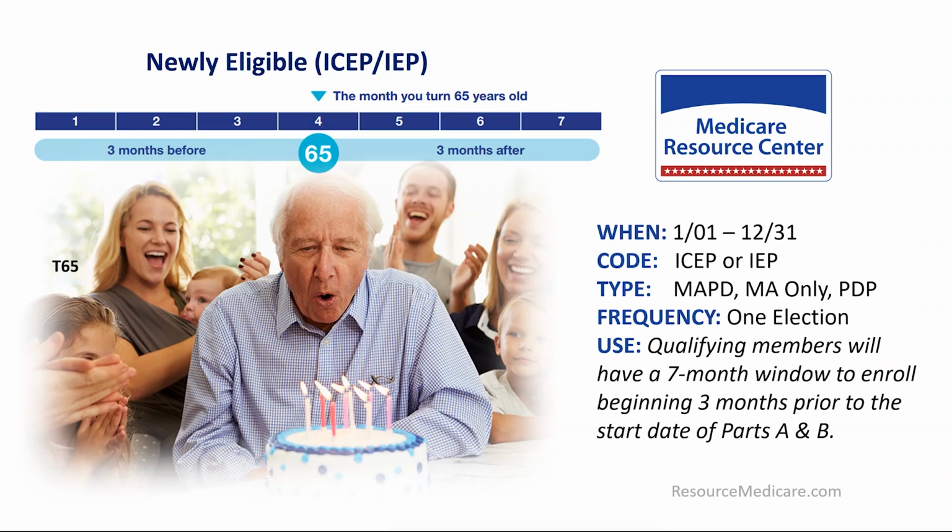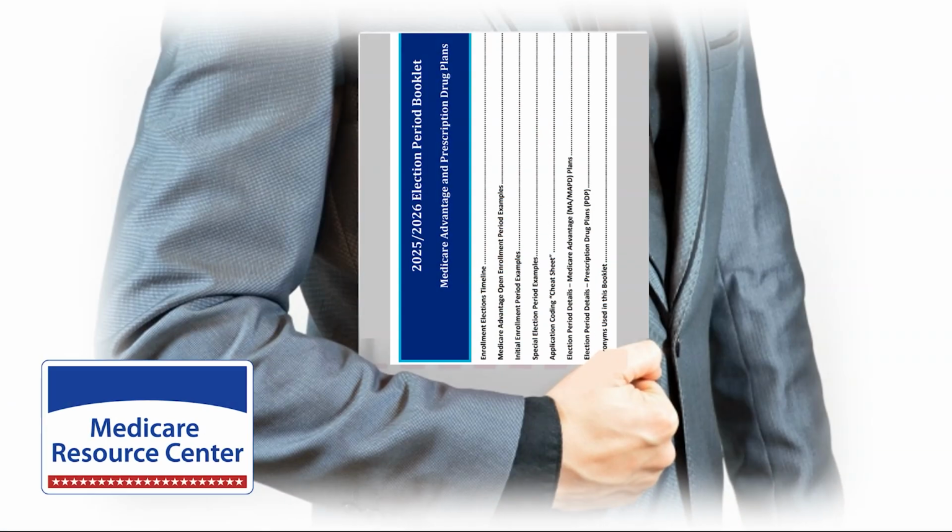You get 3 months before, the month of, and 3 months after your Medicare eligibility date. So one of those is to get into Medicare itself, and then the second IEP truly is to get into a prescription drug program or a Medicare Advantage plan. So these are literally going to be your people that are turning age 65.